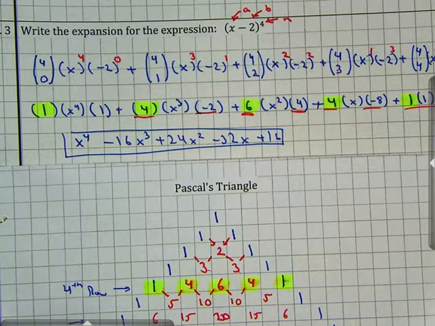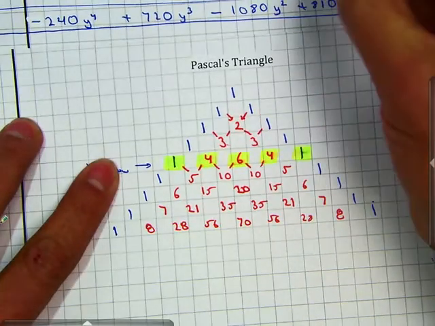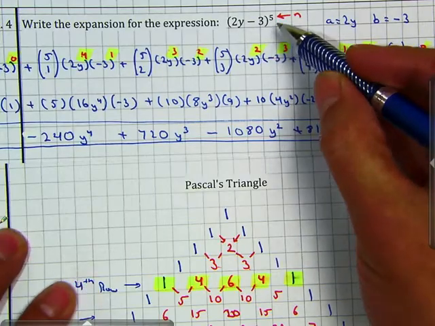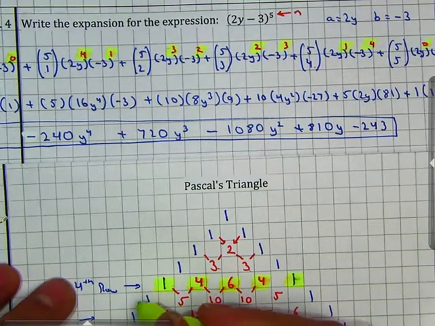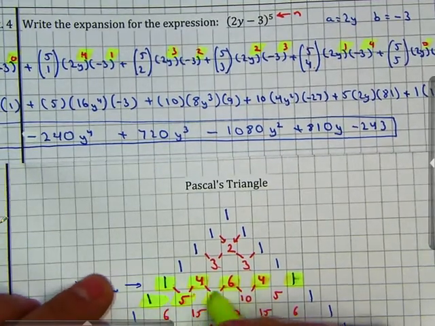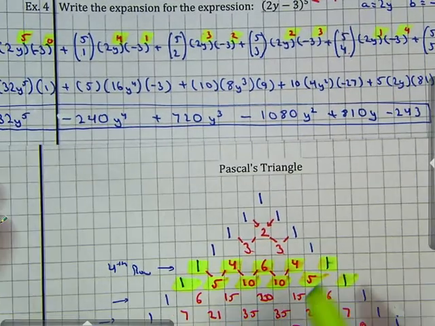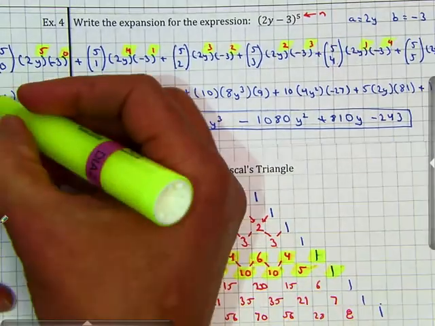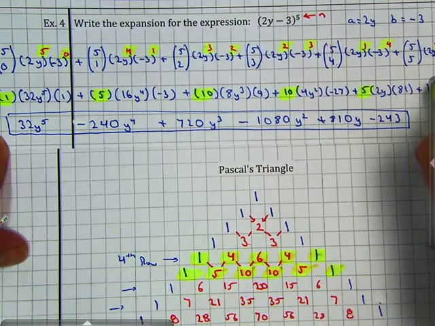So once you get to example number 4, on example number 4, n is 5. So therefore, our 5th row is 1, 5, 10, 10, 5, 1. And those numbers are located here. 1, 5, 10, 10, 5, 1.